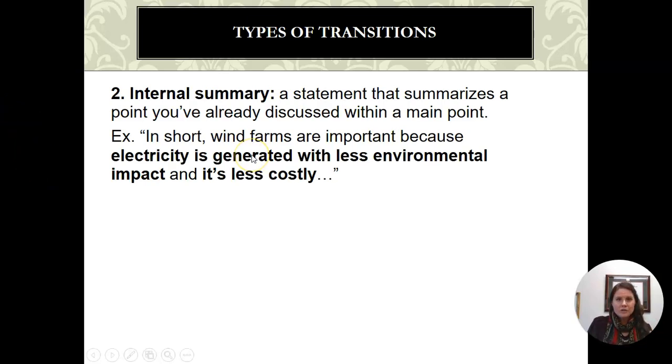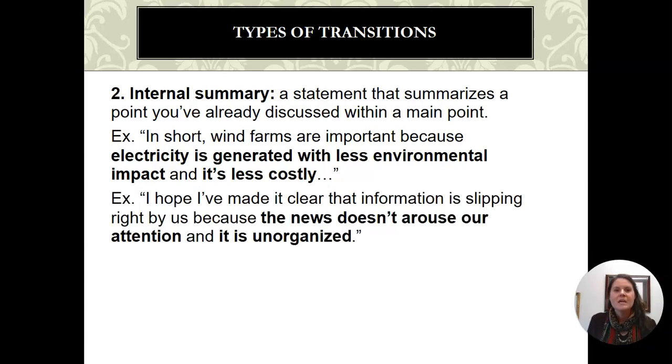So in short, I've just talked about how wind farms are important because they generate electricity with less environmental impact and it's less costly. So again, I've hopefully just covered that in the main point that I am summarizing for you. Or I hope I've made it clear that information is slipping right by us because the news doesn't arouse our attention and it's unorganized.